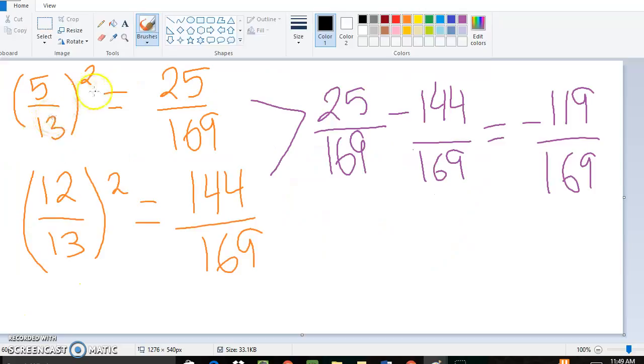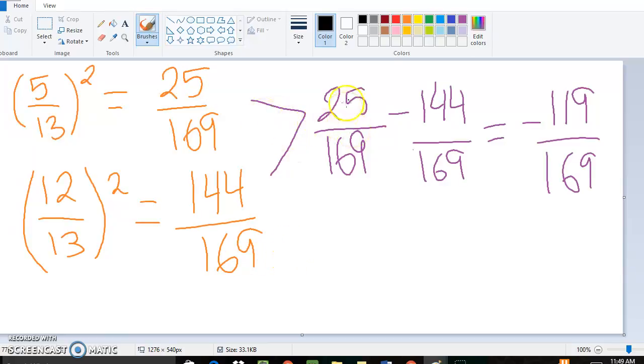So 5 squared, we distribute the squared to both 5 and 13. So 5 squared is 25, and 13 squared is 169. And then we do the same here where we distribute the squared to both 12 and 13. So 12 squared is 144, while 13 squared is 169 again.